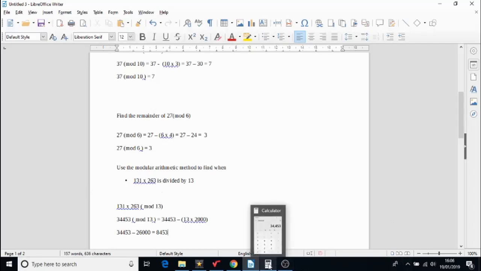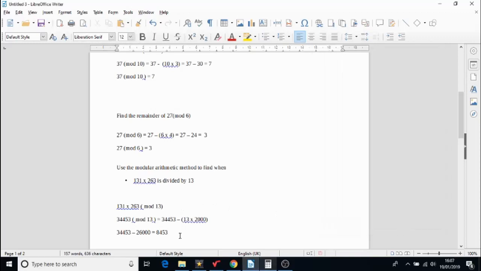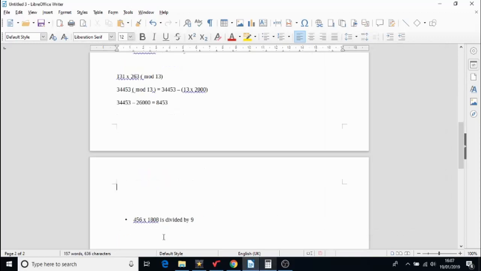If you're not sure how I worked that out, you can just use a calculator if you want. I just did mental maths in my head. If you need to use a calculator, go ahead and do so. So it's 8,453. We're going to keep going, we're not done yet.